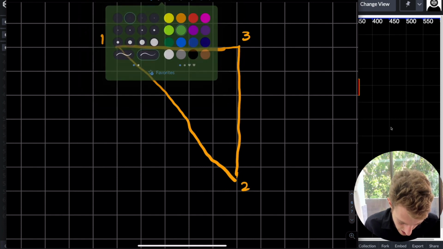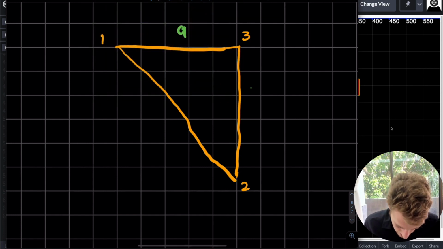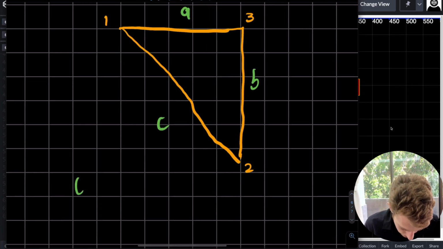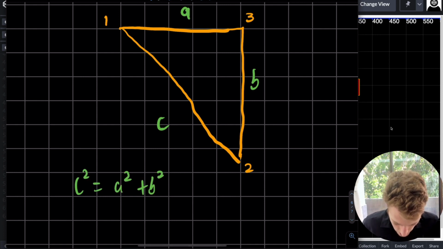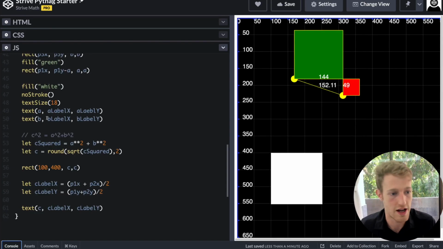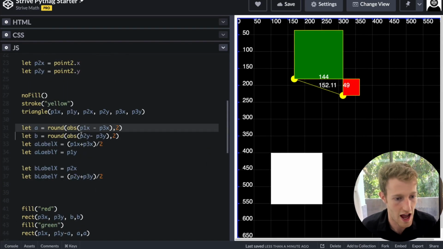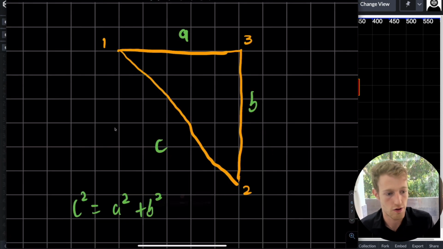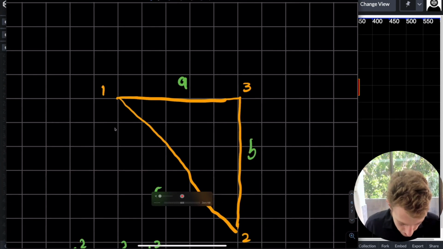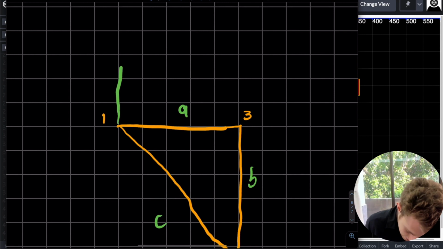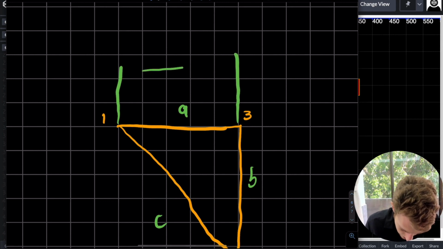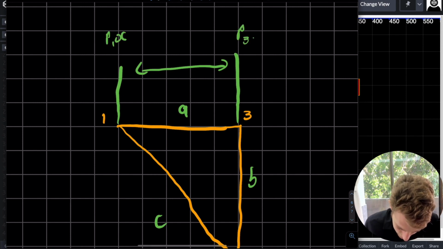So then we have A, B, and C, and we know that C squared is equal to A squared plus B squared. Okay, and in code now, we said that A is simply P1x minus P3x, right? So coming back to this, A is the distance between here to here. So that is P1x and that is P3x.